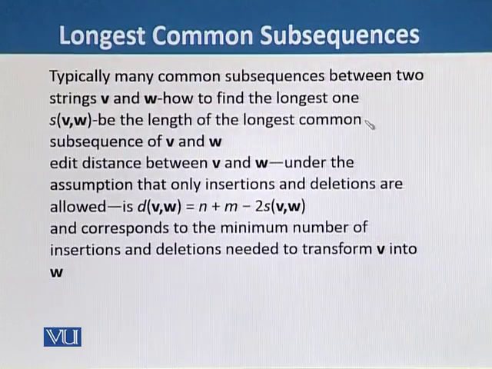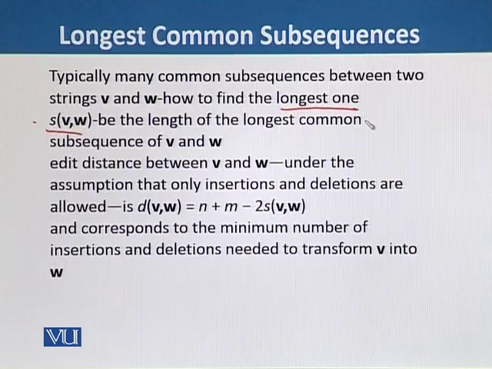Typically, there are many common subsequences between two strings V and W, some of which are longer than others. It is not immediately obvious how to find the longest one.